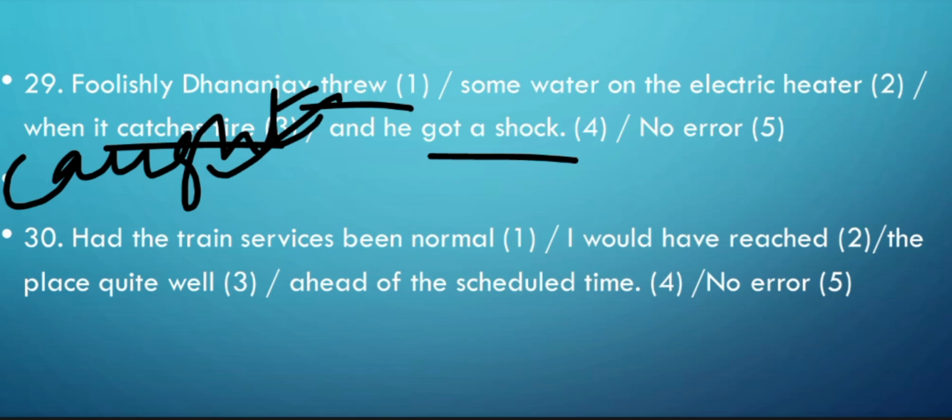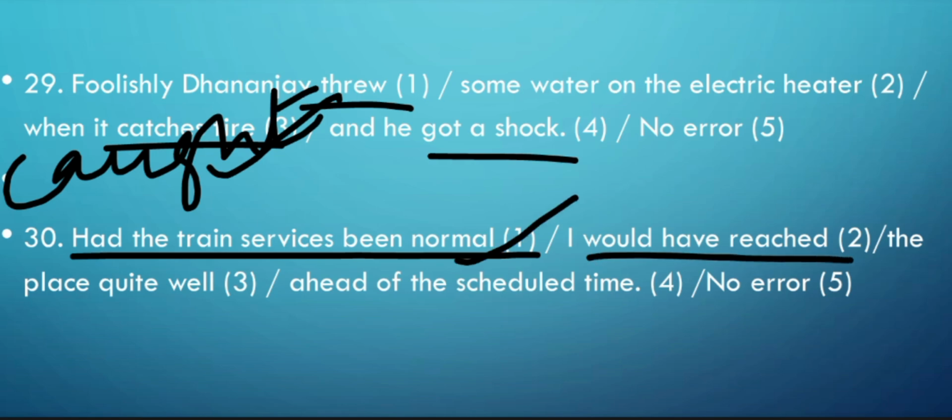If the train service had been normal, I would have reached. Correct. This is also correct. The place quite well, correct. Ahead of the scheduled time, again correct. Okay, so there is no error. The sentence is all correct. We find no error here.